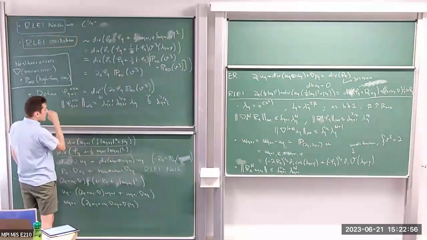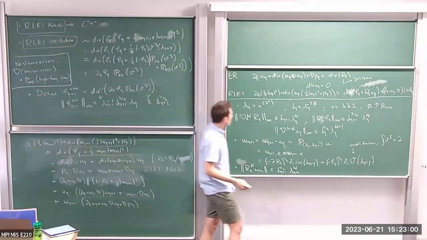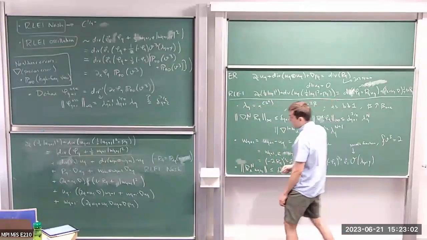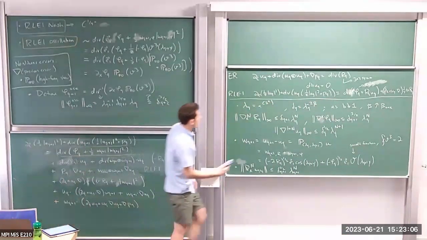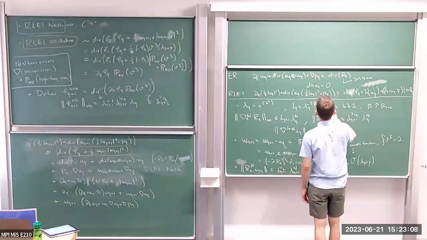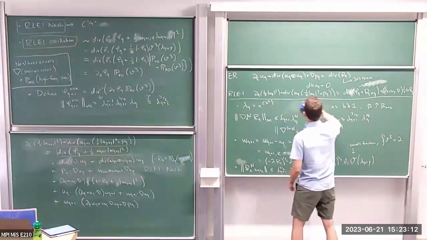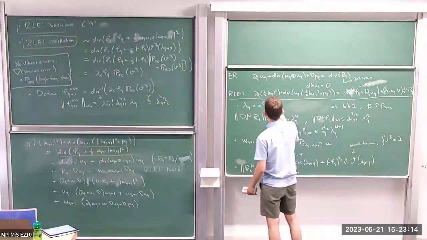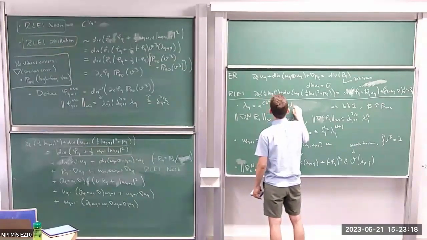All right, let's do our usual arithmetic trick. So maybe I'll add over here that with this definition, lambda q plus 1 equals lambda q to the b.